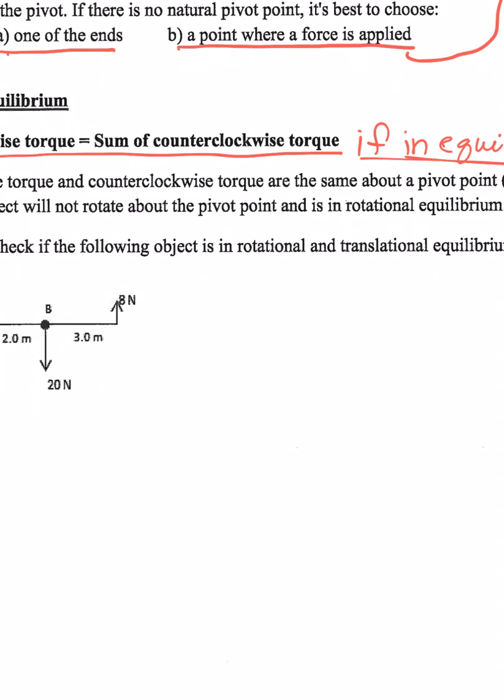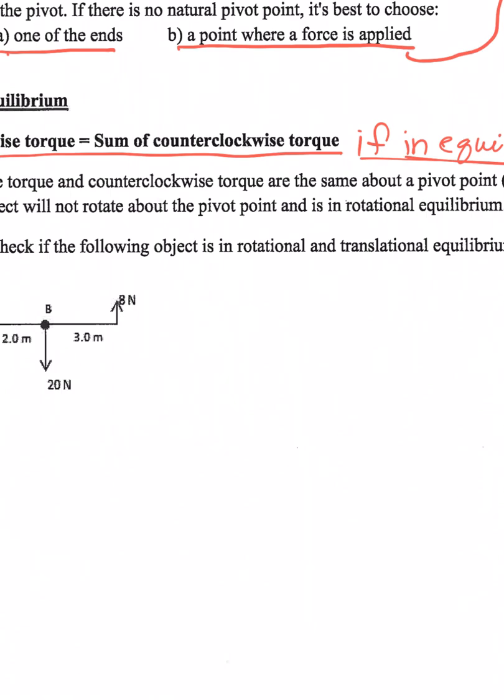So let's check and see if this is in rotational and translational equilibrium. Here's my question. Is this in translational equilibrium? Is there any force being applied that is going to make it go left or right or up or down? Let me give you a hint. Is it on a pivot? Sure. I think that's just where there's possible pivots.